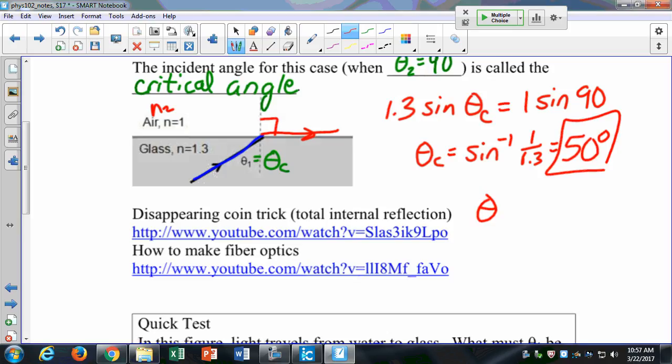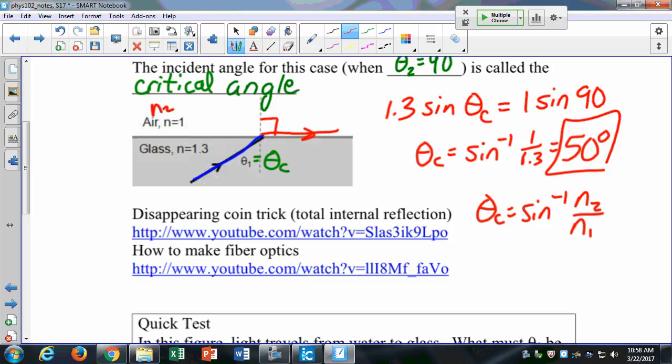It might be on your equation sheet that this is listed as the inverse sine of, what is that going to be, n2 over n1. I forget, or I might not list anything, because really the critical angle is just a special application of the law of refraction. Is this on your equation sheet? Is anybody looking? It might not be.